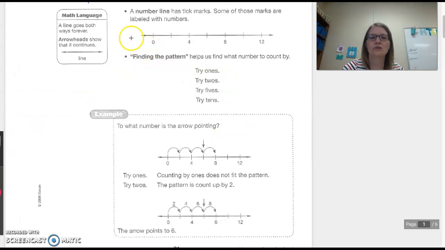In this number line, it has some numbers in it which give us an idea of what we're working with. We have a 0, a 4, an 8, and a 12. I know that there are a lot of other values between 0 and 4.